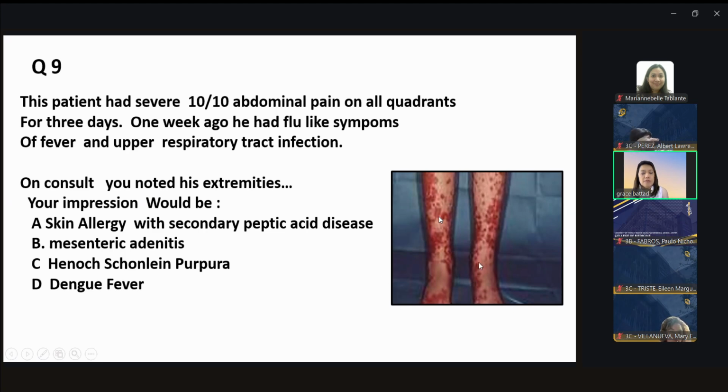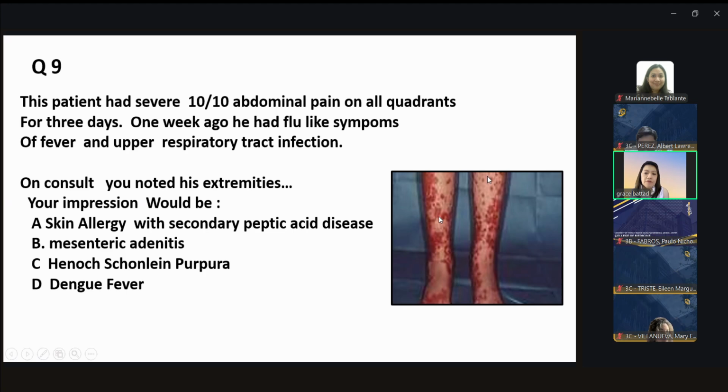So you might be seeing a pattern of a systemic problem with GI manifestations, very severe. This is a secondary skin allergy with peptic acid disease, or mesenteric adenitis, which is a good differential of acute appendicitis. But usually in mesenteric adenitis, you have 1 week of flu-like symptoms before the GI symptoms come in.